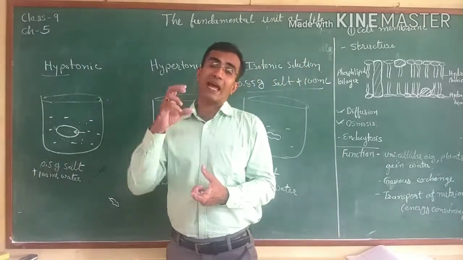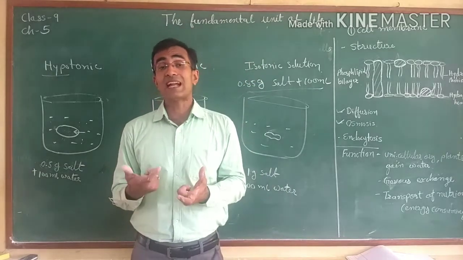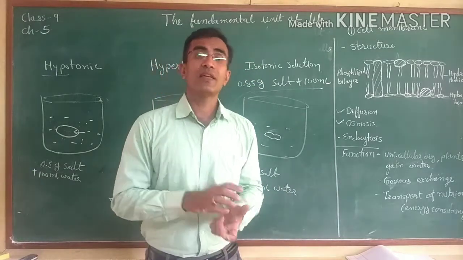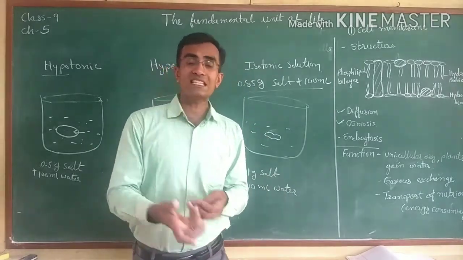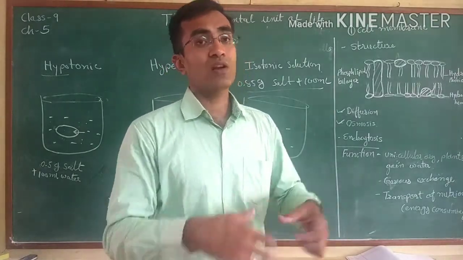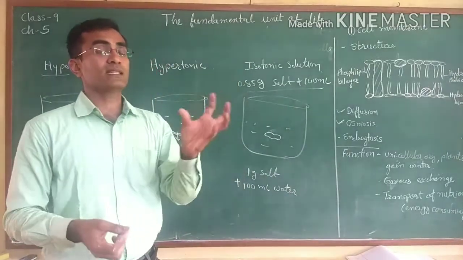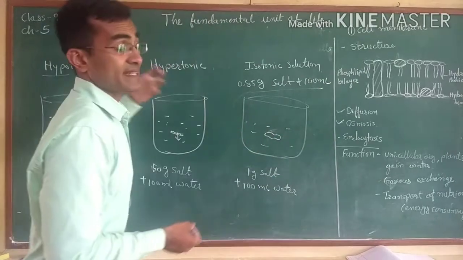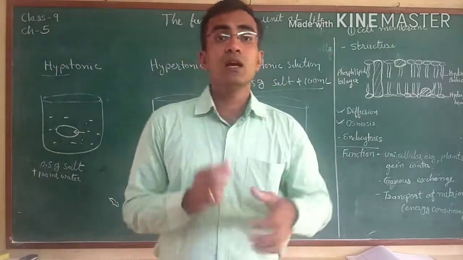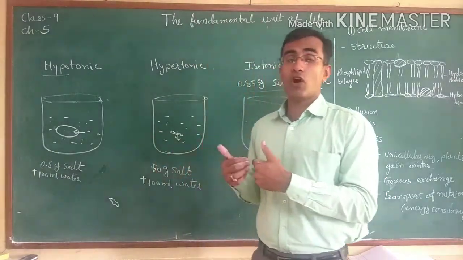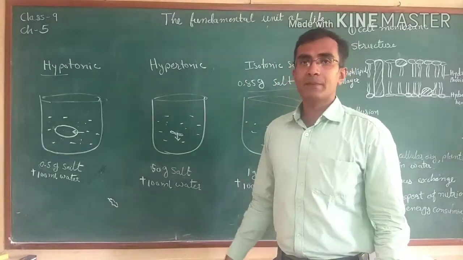Suppose we treat the egg with acid, hydrochloric acid, HCl, then the outermost layer, which is made up of calcium, will get dissolved, and only the membrane will remain. And if we put this de-shelled egg instead of this resin into these three different types of solution, and if we observe the result after 5 minutes, the same kind of thing we can get.